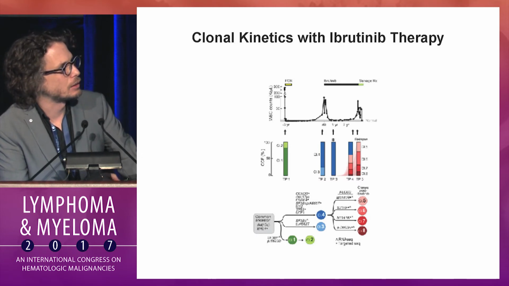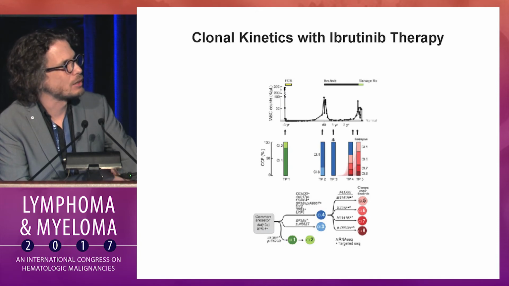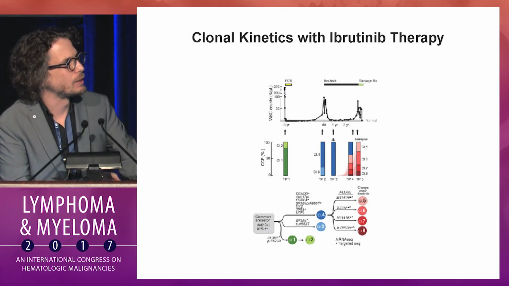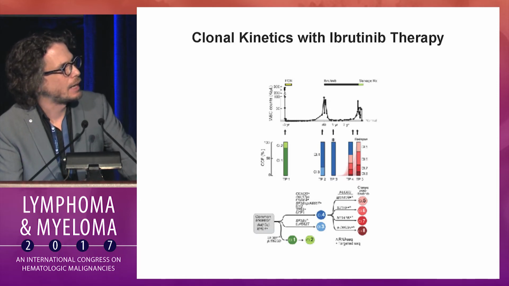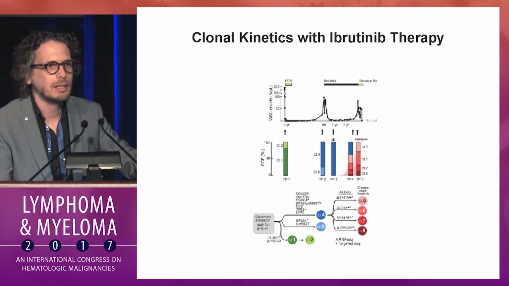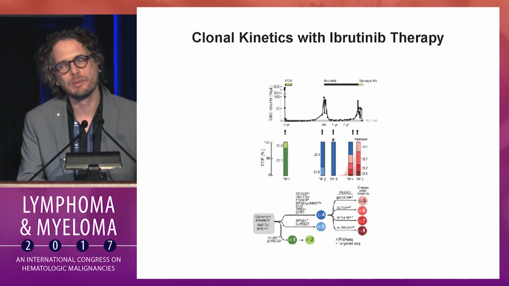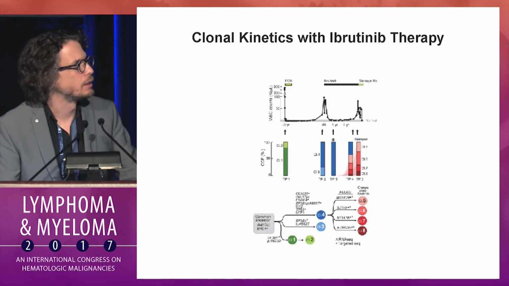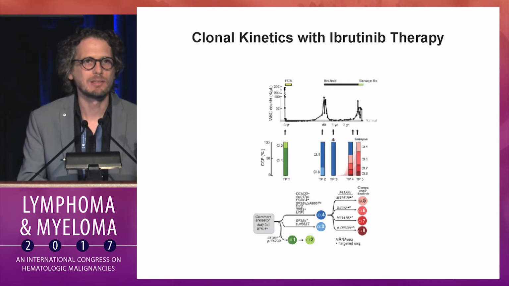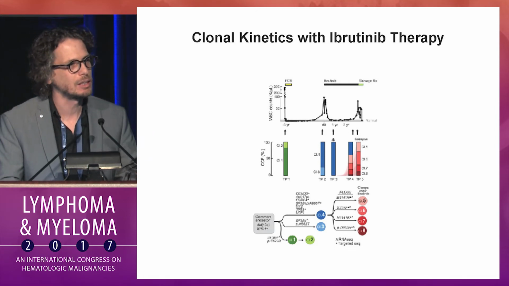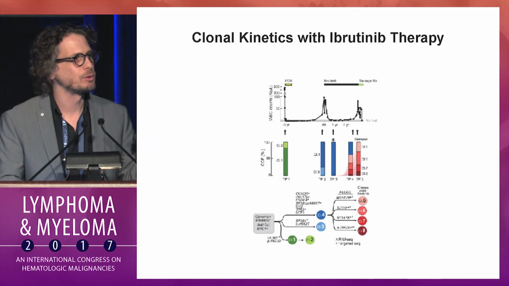Another thing is we can start dissecting the phylogenetic trees, and in this particular individual, we saw something interesting that has now been seen in other cases: that individual had 4 distinct subclones that had PLC gamma 2 mutations. That just gives you a sense of the tremendous degree of heterogeneity, of diversity, that is fueling the evolutionary process.